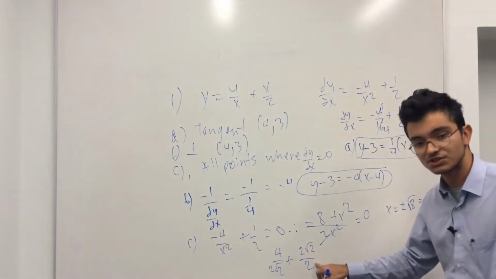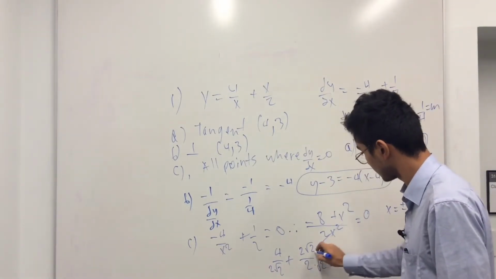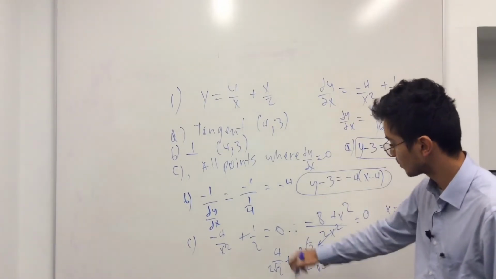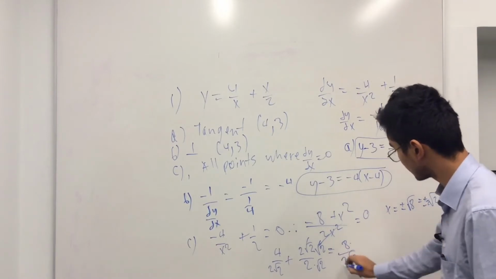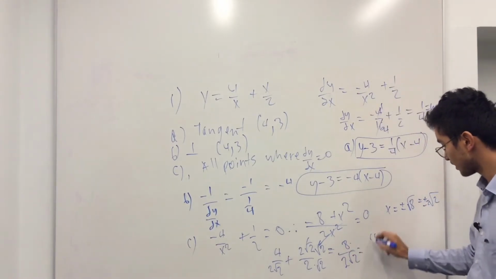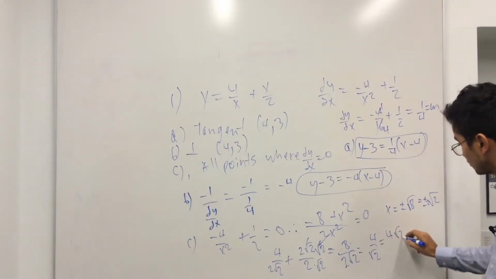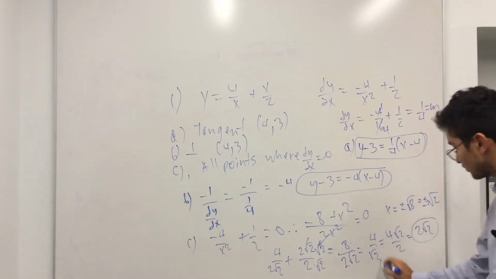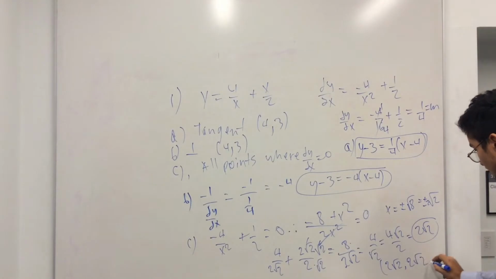Find the common denominator by multiplying by root 2 on top and bottom, and you're left with 2 times 2 is 4. 4 plus 4 is 8, so we have 8 over 2 root 2. 8 over 2 is 4, so you have 4 over root 2, and if you rationalize, you get 4 root 2 over 2, which is 2 root 2. So the first point is 2 root 2, 2 root 2.